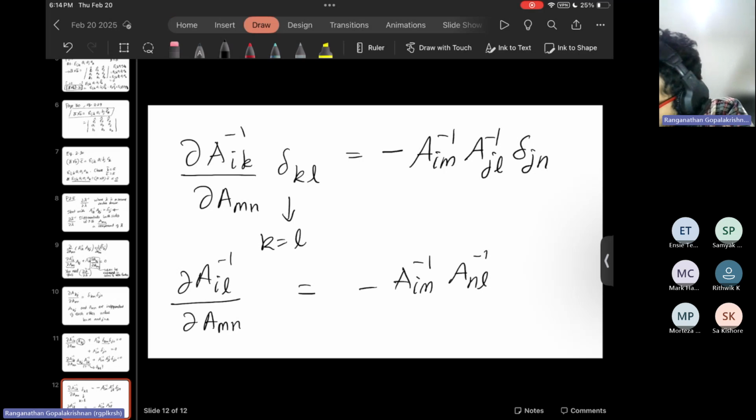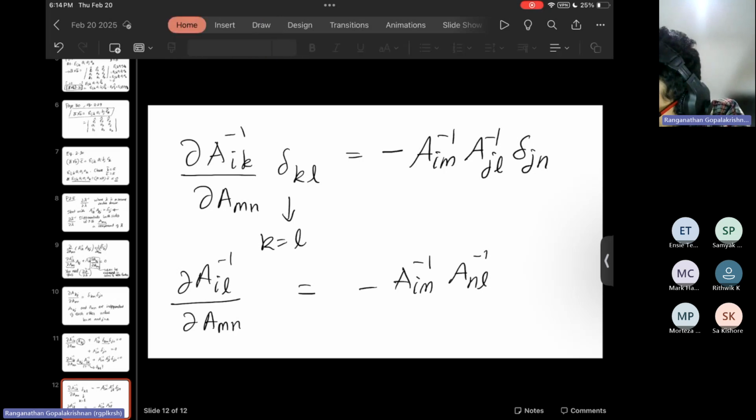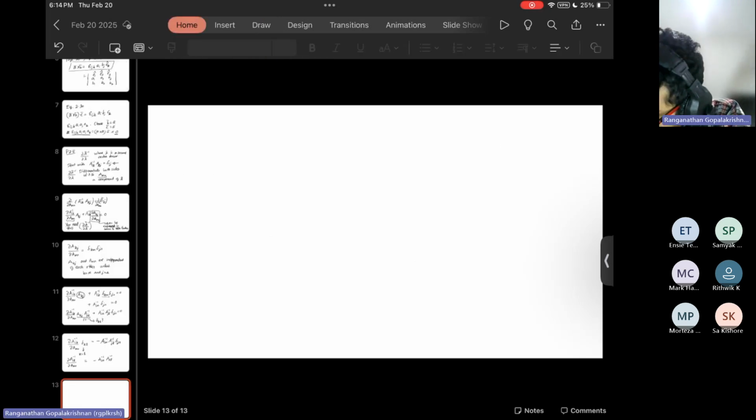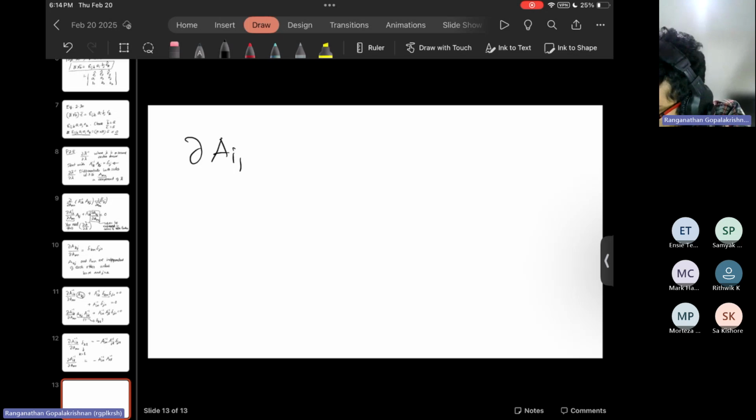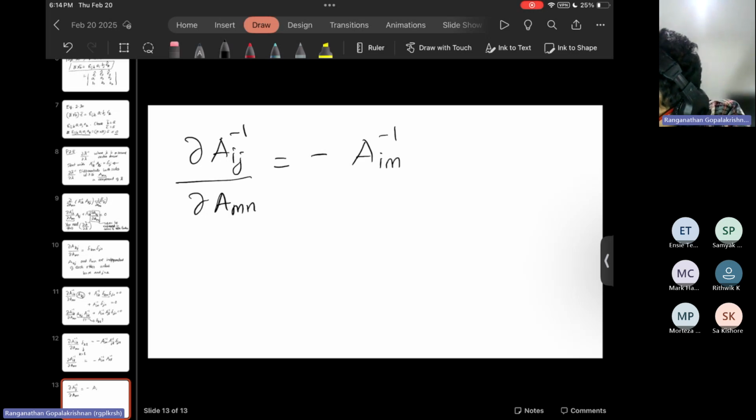Okay, so I have IL, MN, IM, NL, and I'm just going to change the index and say partial derivative of A_ij inverse with respect to A_MN equal to negative A_IM inverse A_NJ inverse. So this is the final expression.